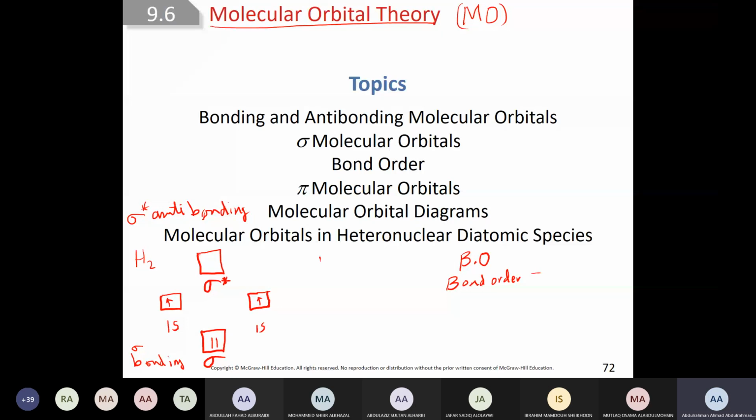It is equal to electrons in bonding minus electrons in anti-bonding, divided by 2. So what's the bond order for the H2 molecule?